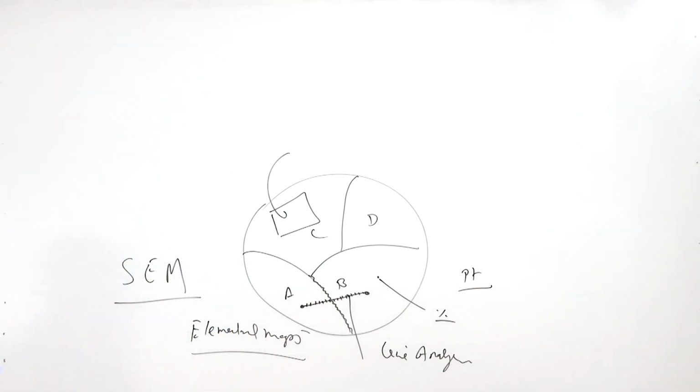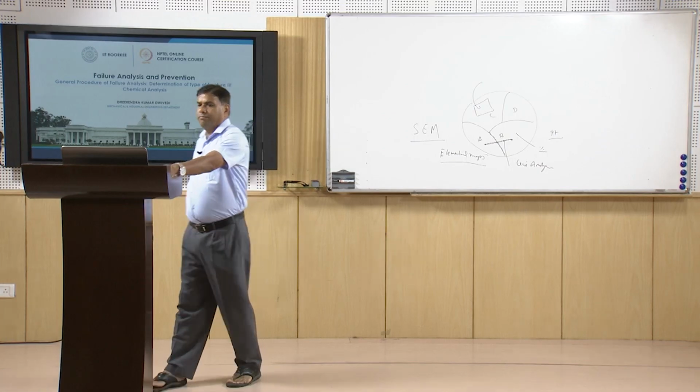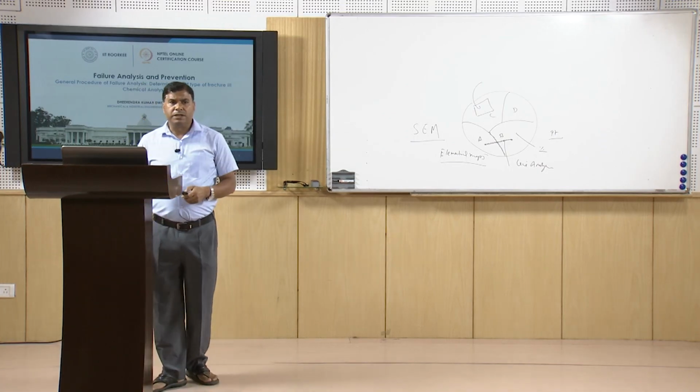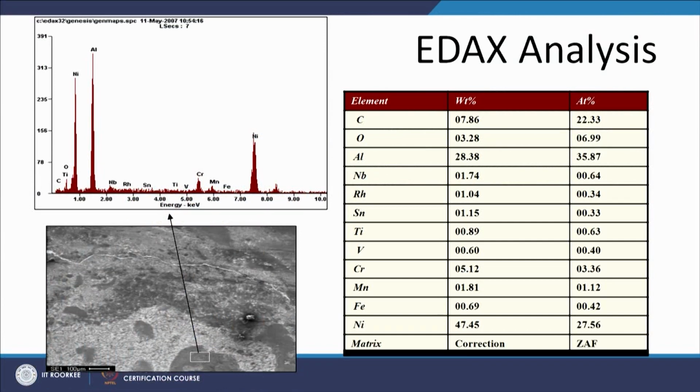This is shown in these 2-3 diagrams. This is the EDAX analysis carried out with the help of FESEM, where this area is analyzed to see what is present in what quantity.